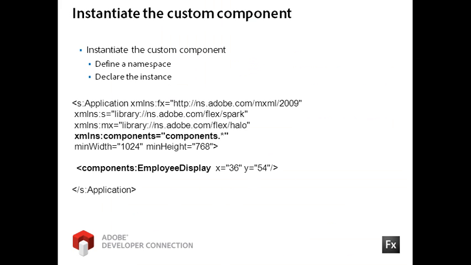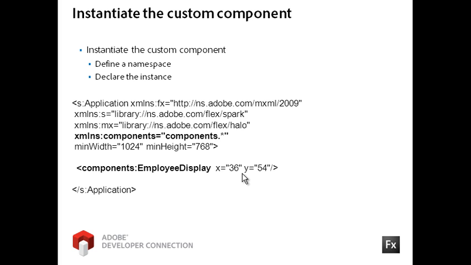You can use custom components similarly to Flex Framework components. You can see here that the employee display component is typed in MXML with X and Y properties. The only difference is that it does not use the MX or Spark namespace.